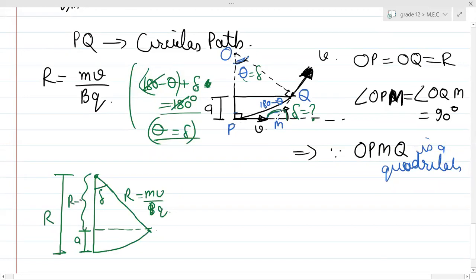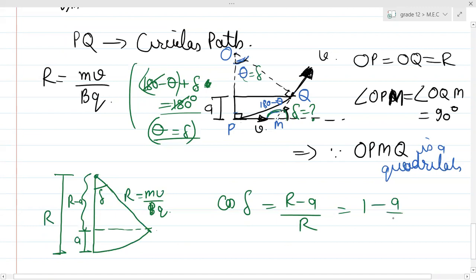Will it be equal to r minus a? So if this is r minus a, this is theta, and can you see over here cos of delta is basically equal to r minus a upon r. So r minus a, the base upon the hypotenuse, right? The cos delta is basically this.